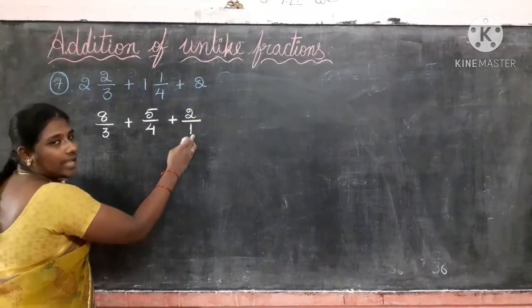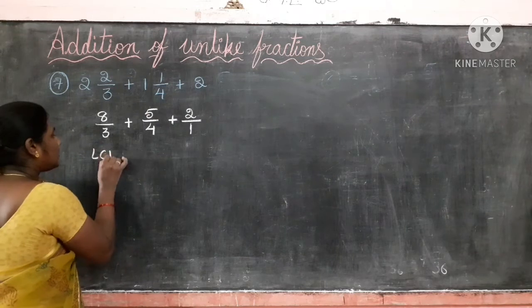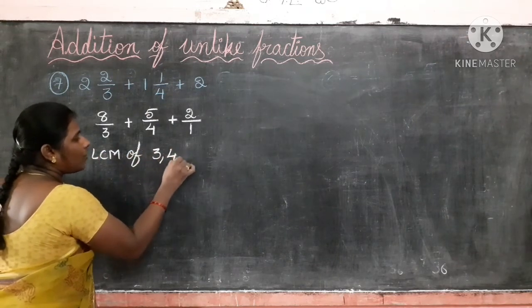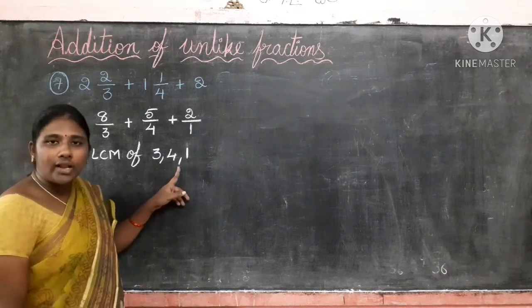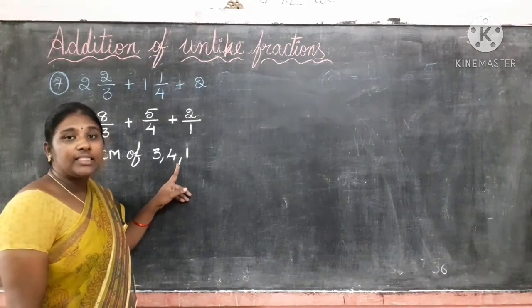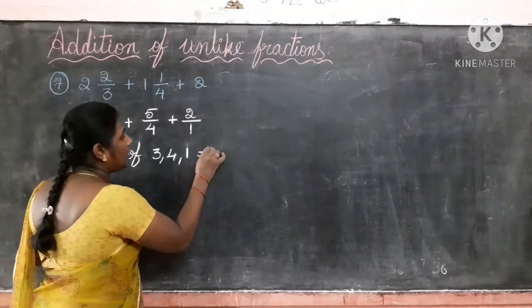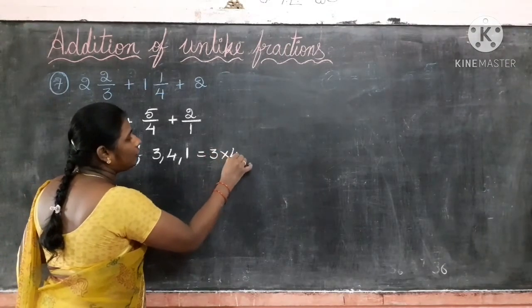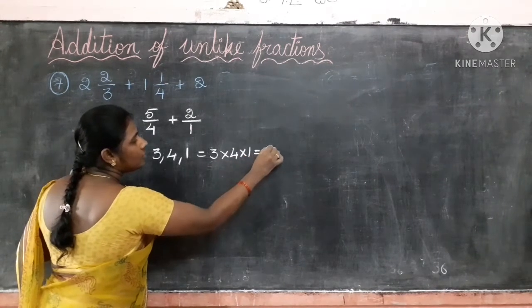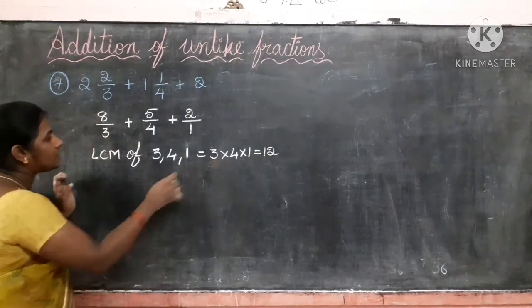Now we have to find the LCM of 3, 4, 1. 3, 4 and 1 are co-primes. So the LCM of these three is their product. So 3 into 4 into 1. 3 4s are 12, 12 1s are 12. So the LCM is 12.